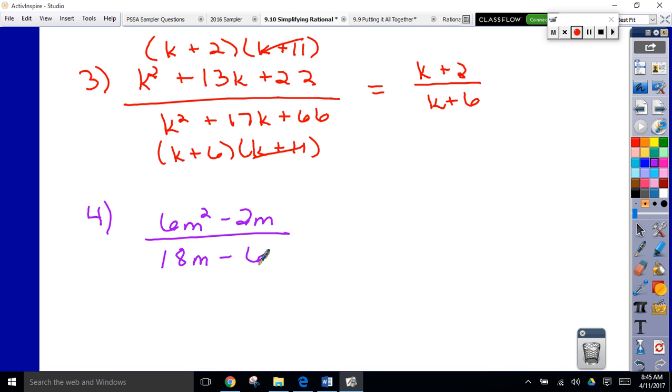You had time to think about this. 2m, good. So if we take out 2m, we're left with what? 3m minus 1. Good. 3m minus 1. Okay, how about the bottom? Emma, back down to 6 and do 6 times 3m minus 1. Okay. Now, Gabby, what can we cancel out?